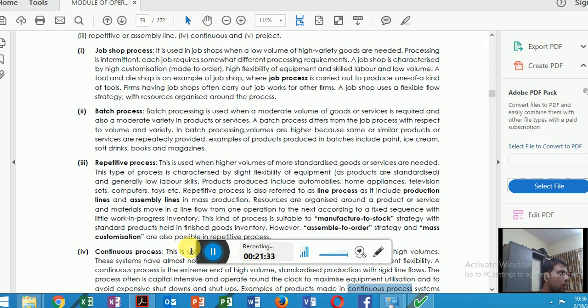But one question arises here: how much quantity of product will be produced under the tagline manufacture to stock, because if a certain level is crossed, there will be a huge amount of losses. So the company has a certain number in mind that this much quantity will be sold in the future.